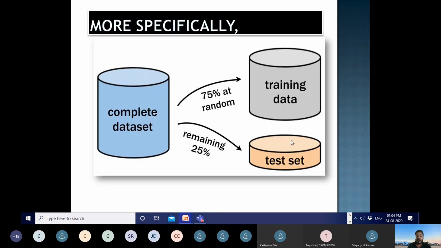Now, see, this is the complete data set. आपको कुछ सोचना नहीं है, आपको अभी divide करना है, ठीक है? क्योंकि आपने डाटा प्री प्रोसेसिंग कर लिया है, डाटा क्लींसिंग कर लिया है, नॉइज रिमूवल भी कर लिया है, तो अभी आपको डिवाइड करना है. तो डिवाइड कैसे करोगे? 75% at random, that will become your training data, and the rest you will keep for test. ठीक है? Now you can take a screenshot of this.